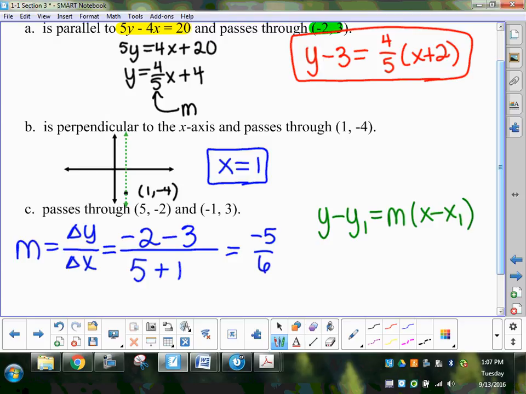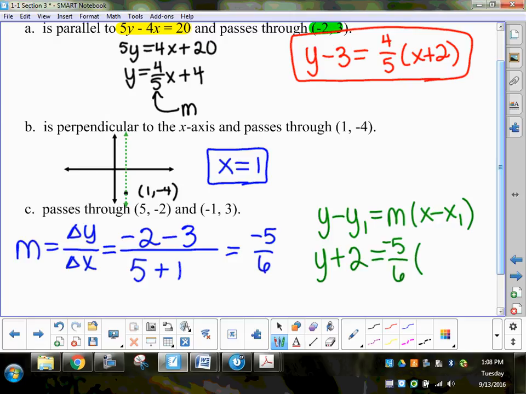Terrific. Now let's make our substitution in. And Noah, what would you go through and get when you did the plug-in? y plus 2 equals -5 over 6 times x minus 5.